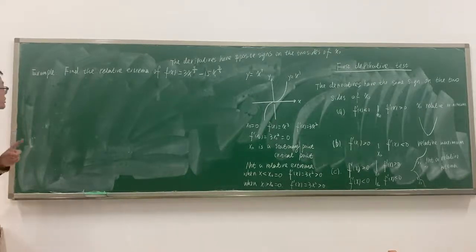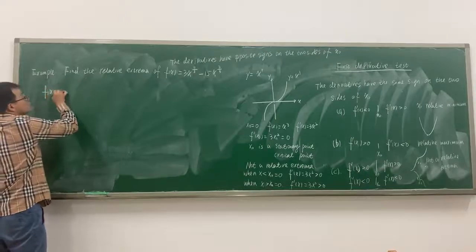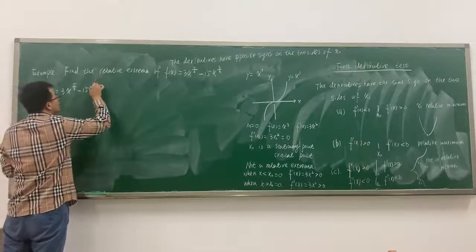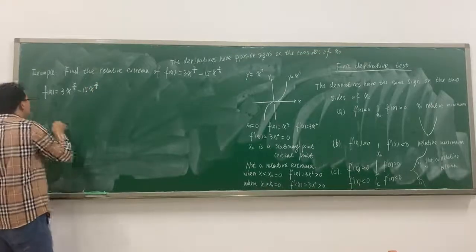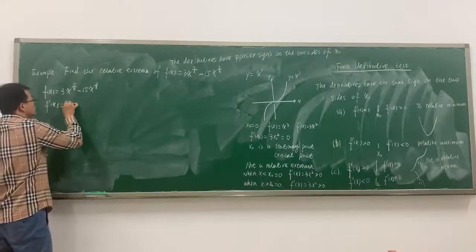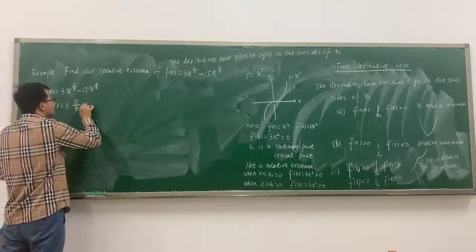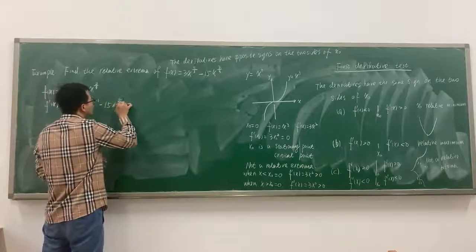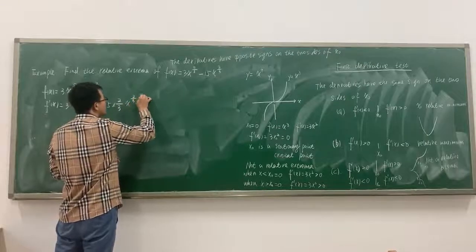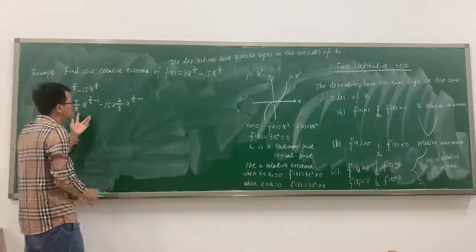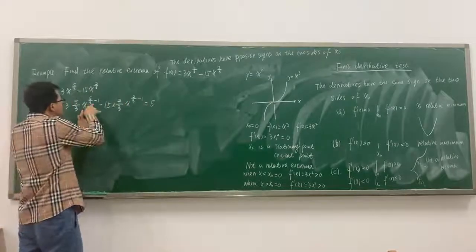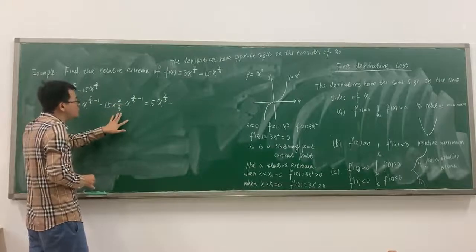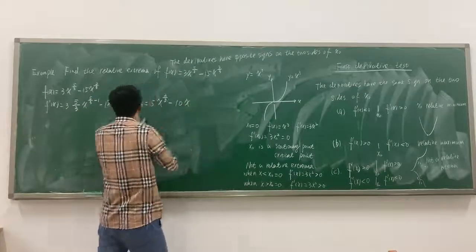So f(x) equals 3x to the power 5/3 minus 15x to the power 2/3. f prime equals 3 times 5/3 x to the power 5/3 minus 1, minus 15 times 2/3 x to the power 2/3 minus 1.